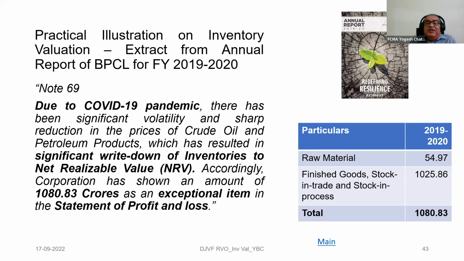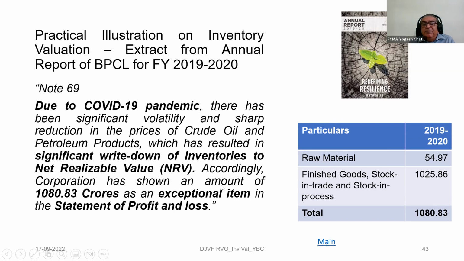I have purposefully not shown the impact on my ex-employer, Indian Oil Corporation. You will be surprised to know the impact due to this reason was 10,000 crores plus. So you can very well imagine the impact of this standard or guidance provided in the accounting standard.